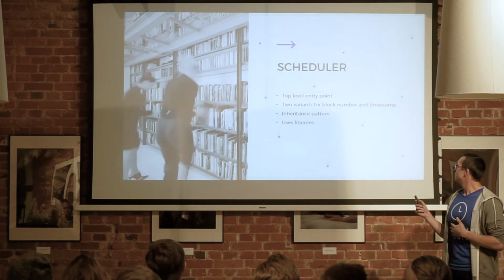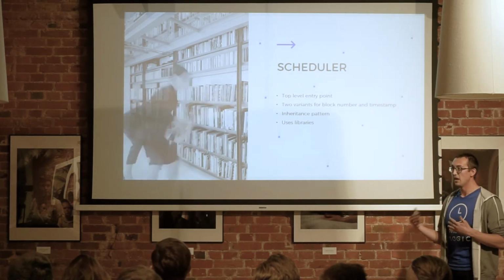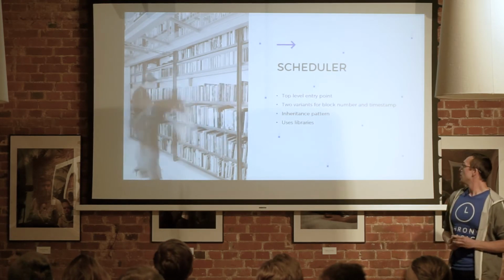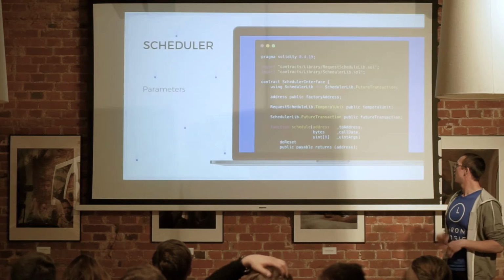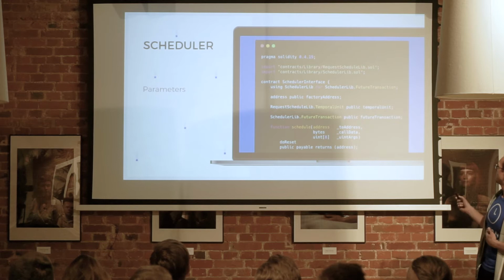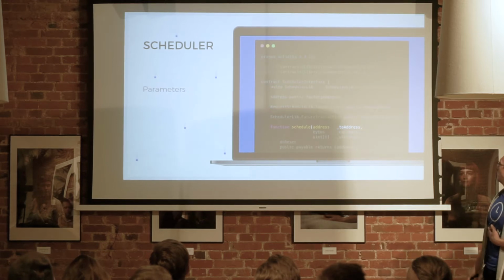So I'll go into how a transaction is actually scheduled into the smart contracts. Like I said, this is the top-level entry point. Here's part of the interface. I just want to point out the parameters that someone will send to schedule a transaction.